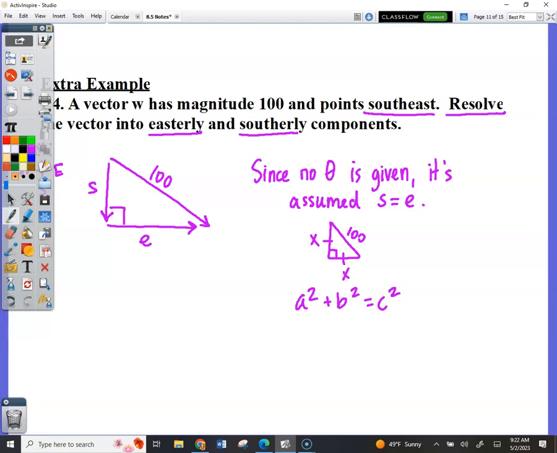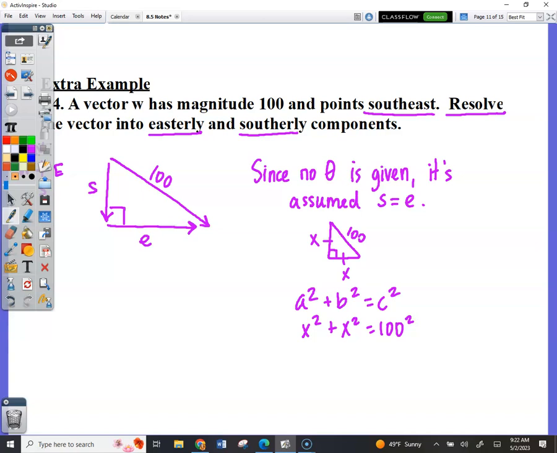You might be wondering how we can use the Pythagorean theorem here. It's because the two sides are equal. Because the two sides are equal, when we plug this in, we only have the one variable, which means everything's okay. So we've got x squared plus x squared equals 100 squared. Don't overthink this.